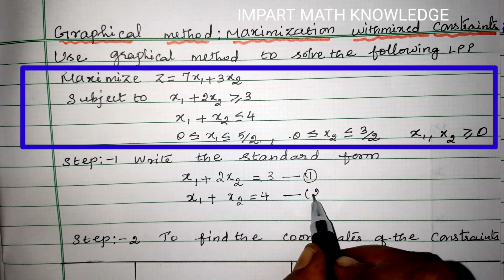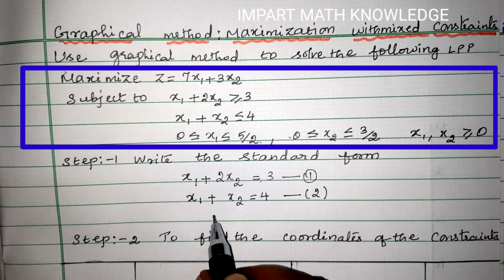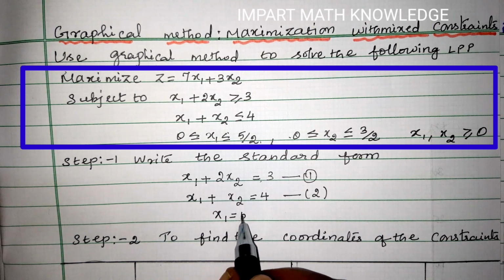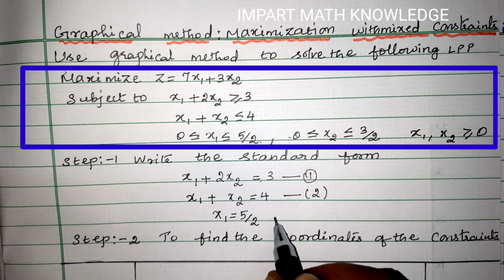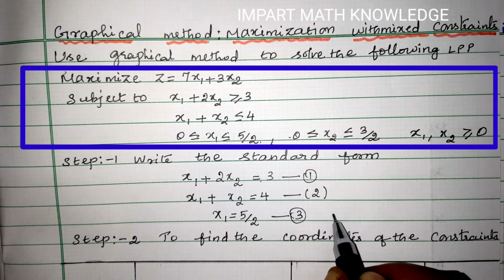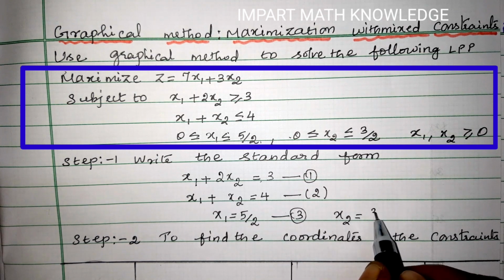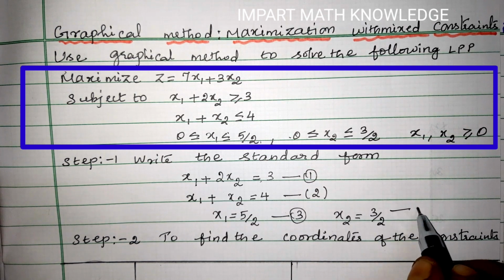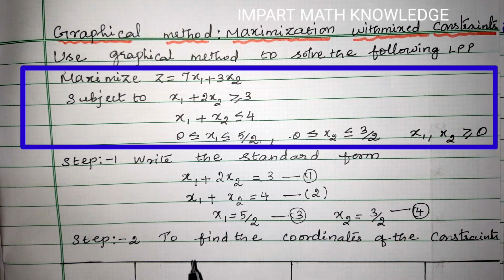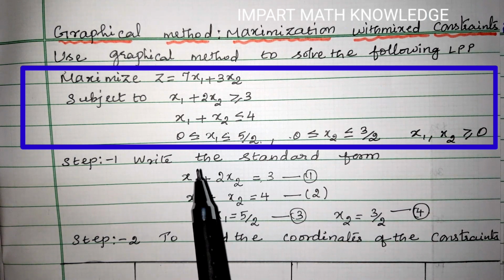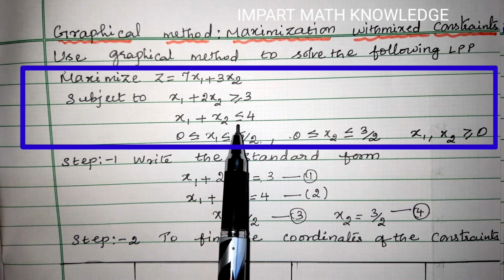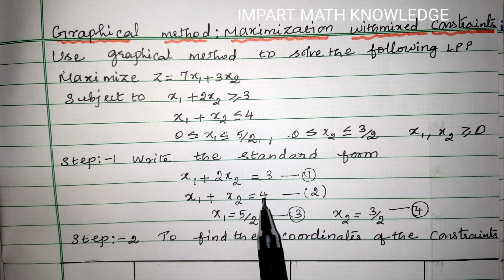This is number 2. The third one is x1 is equal to 5 by 2. And the fourth one is x2 is equal to 3 by 2. The standard form is to convert the inequality constraints into equal form.